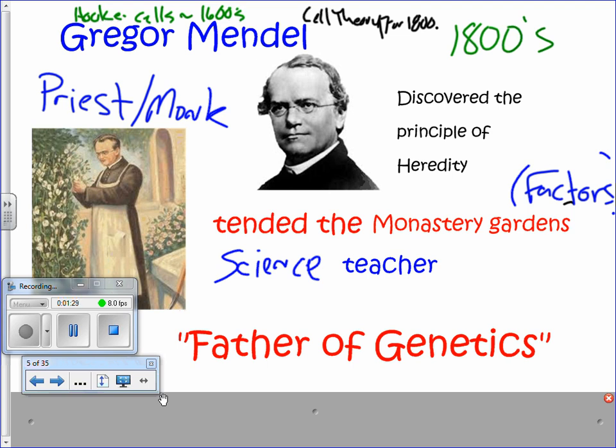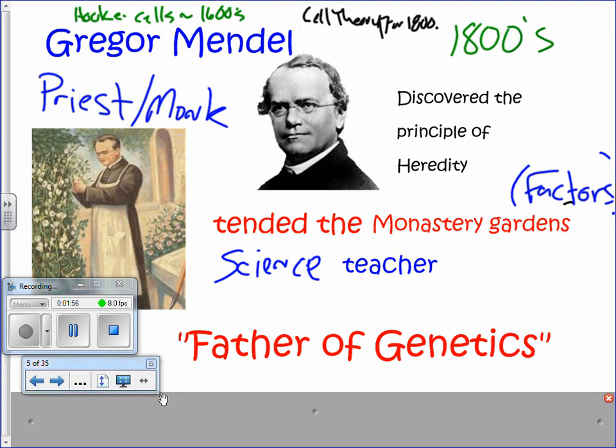He observed plants passing traits from one generation to the next and figured out a pattern and did repeatable experiments that people could follow and published his data. And it turns out that all the things we know now about genetics and genes and chromosomes and DNA support what he studied.